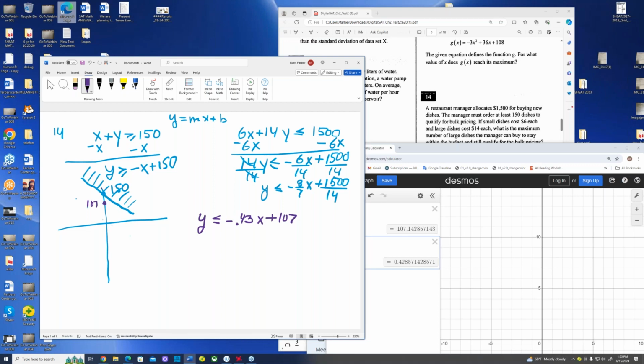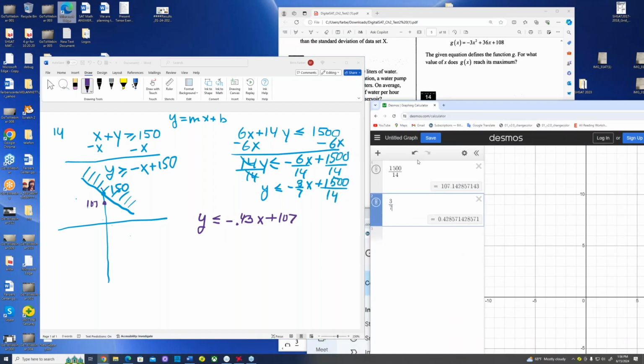And negative 0.43, it would be a line; when x equals 0, y is 107. And when y equals 0, x equals 107 divided by 0.43. I use a calculator, not a graph.